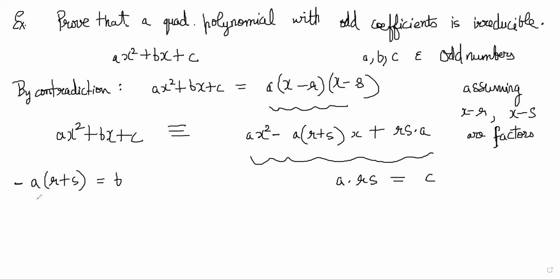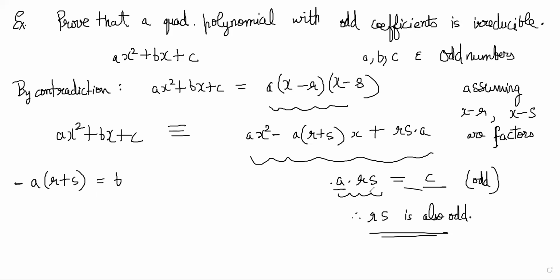Now what does this mean? We see that c is odd and a is odd, so therefore r s is also odd. Because if r s was even, even multiplied by odd would become even, and c is actually odd. The RHS is odd, so the LHS must be odd, so r s must be odd. And if r s is odd, it means r and s are both odd.